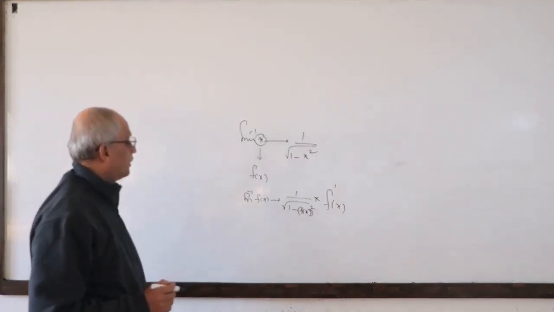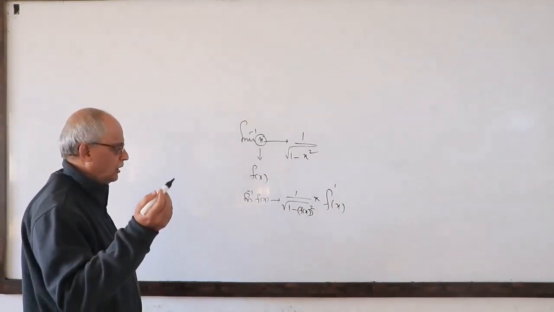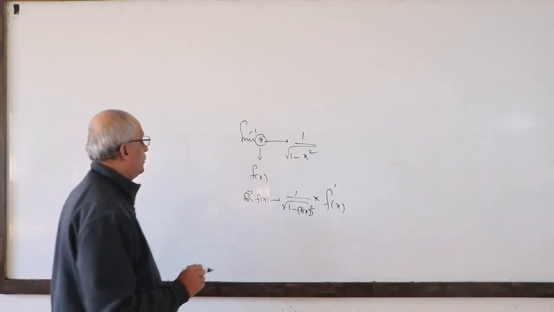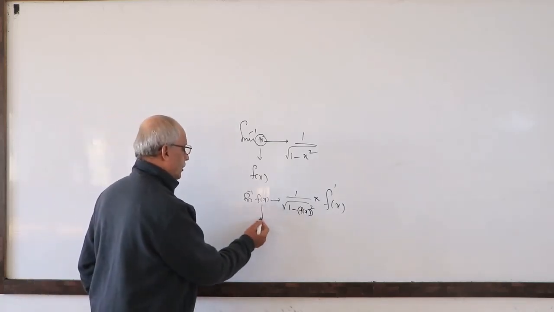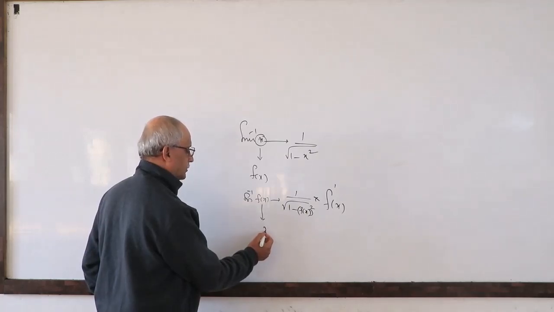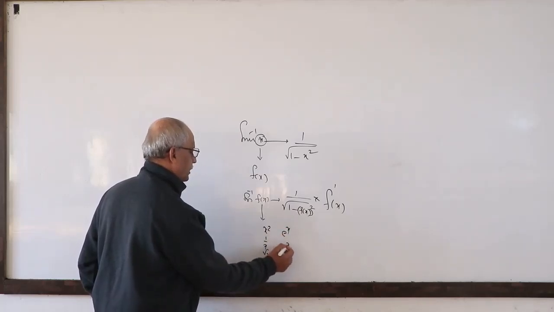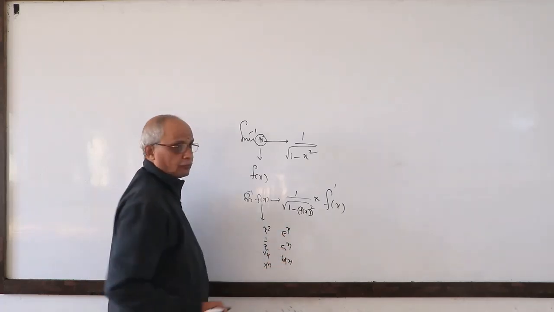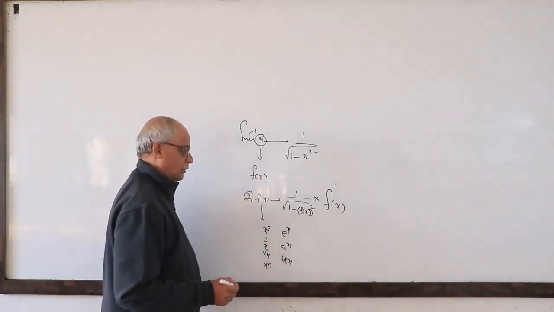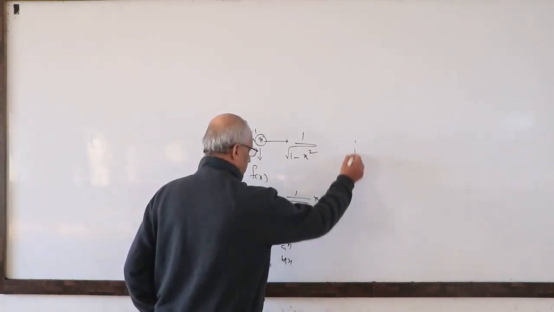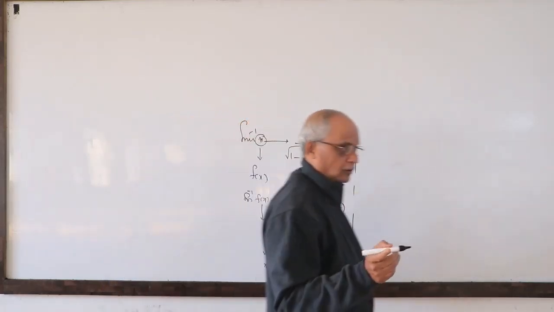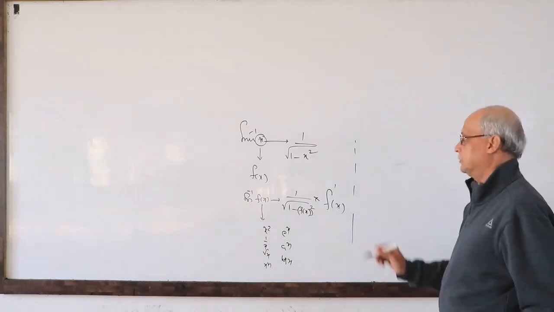All inverse functions will be in the same fashion. Here I gave the general rule f of x. You take any f of x, whatever it is. What is possible here? x square, 1 by x, root x, x power n, e power x, a power x, log x, everything. Here I write f of x is log x.